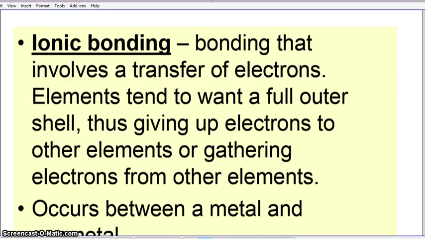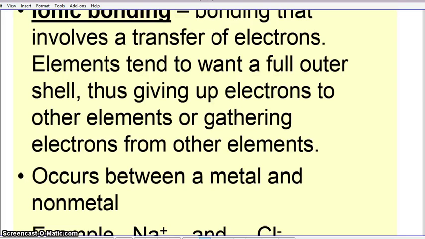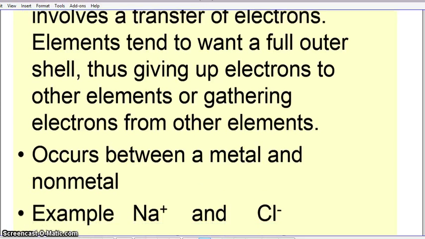Ionic bonding is bonding that involves a transfer of electrons. As I said, the ultimate goal of all atoms in the whole wide world is to be full, fat, and happy. That's why the noble gases are not very reactive, because they're already full, fat, and happy. They don't want to be messing around with these peasants down here.